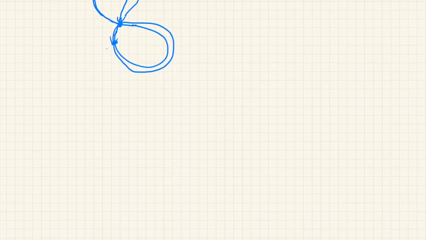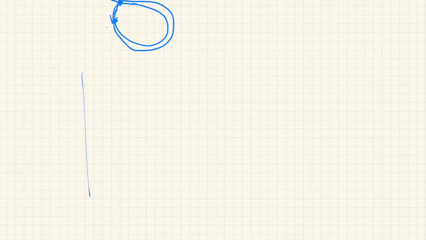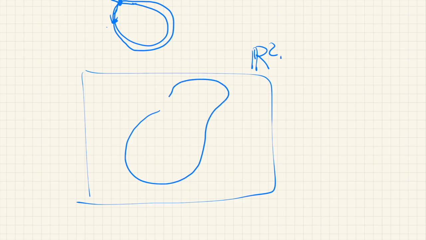And if we are given a Jordan curve like this, suppose we have this two-dimensional plane. In this plane, there is a particular property of any Jordan curve: it separates the two-dimensional plane into two parts, splitting the entire region into interior and exterior.